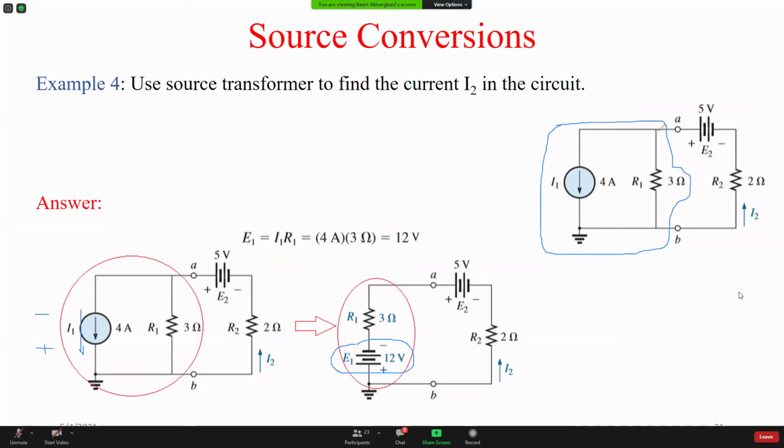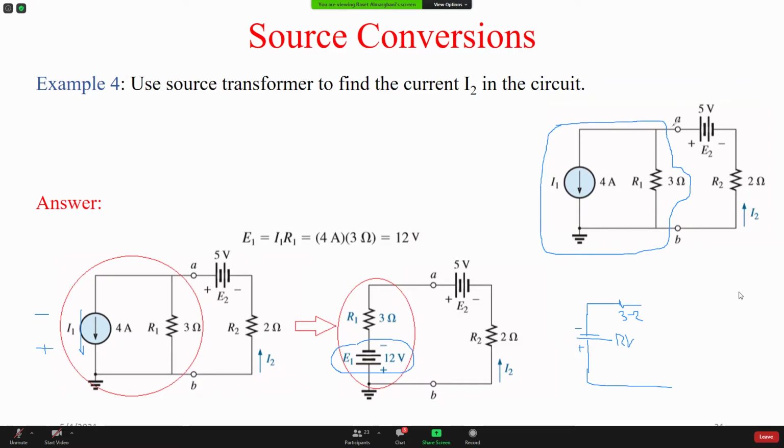So I take this source and replace it with a battery and a resistor. The resistor is the same value. The voltage is current times resistance, so it's 12. Why is the polarity positive here, negative here? The direction of the current is going down, so the polarity has to be this way.